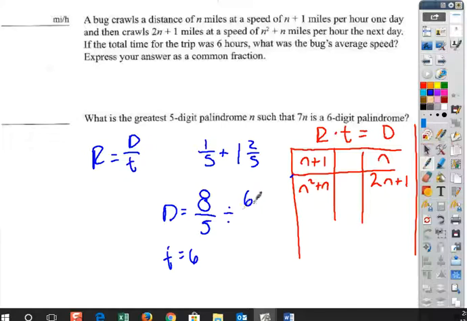So dividing by a fraction, same as multiply by the reciprocal. So we have 8/5 times 1/6, which is equal to 8 over 30. What goes into 8 and 30? 2. So this is equal to 4/15. Oh yeah, that's the answer.